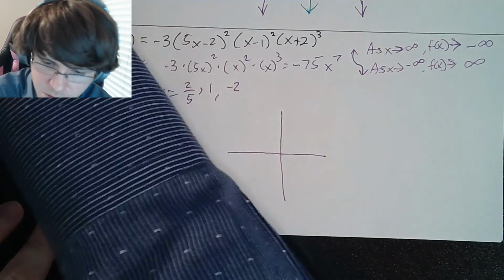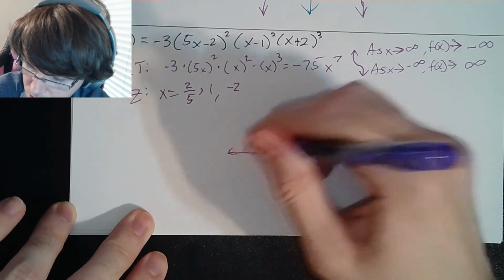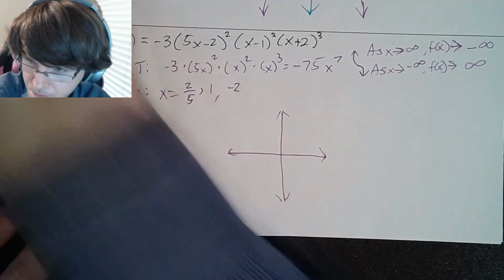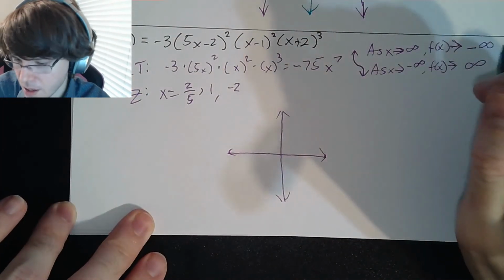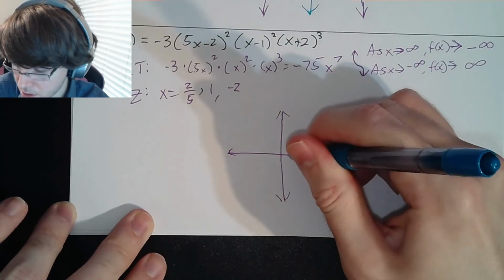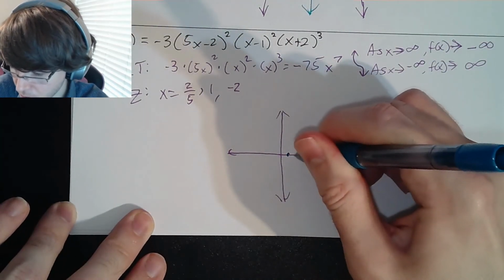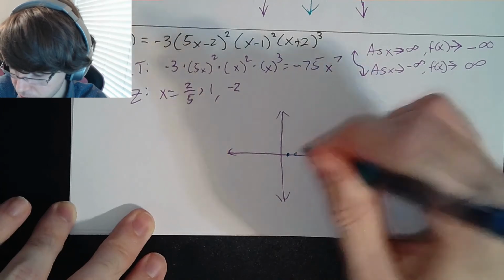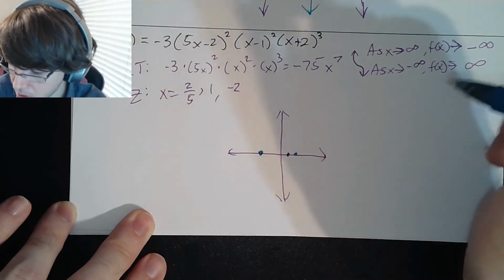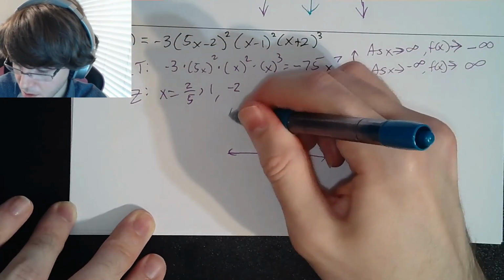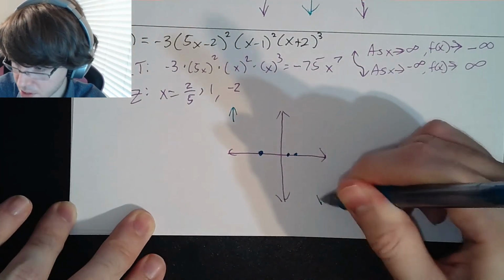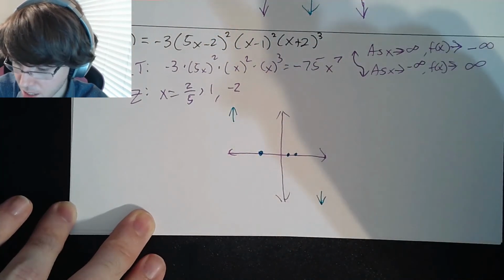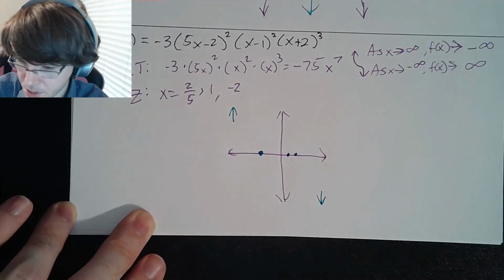Creating our graph, switching colors. So we got a guy here at 2/5 and 1, which is basically right next door, and at -2. And this side going up, this side going down. And, oh, I didn't write the multiplicities. Oops.